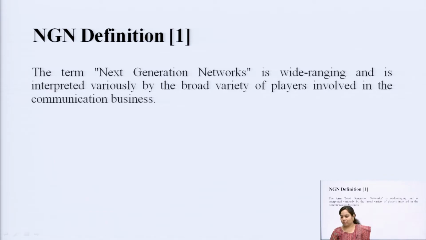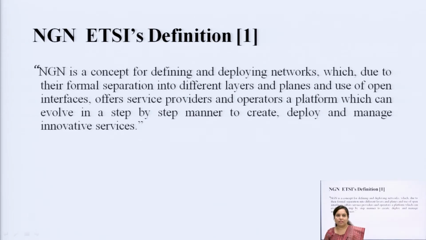Now, NGN, the next generation network, is wide ranging and is interpreted variously by the broad variety of players involved in the communication business. So, NGN is basically associated with a large number of users that want to access the internet, that want to transmit the information. So, that is known as NGN.